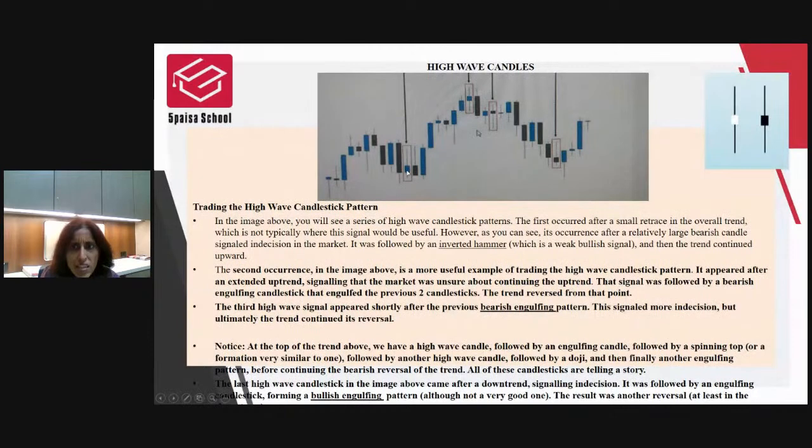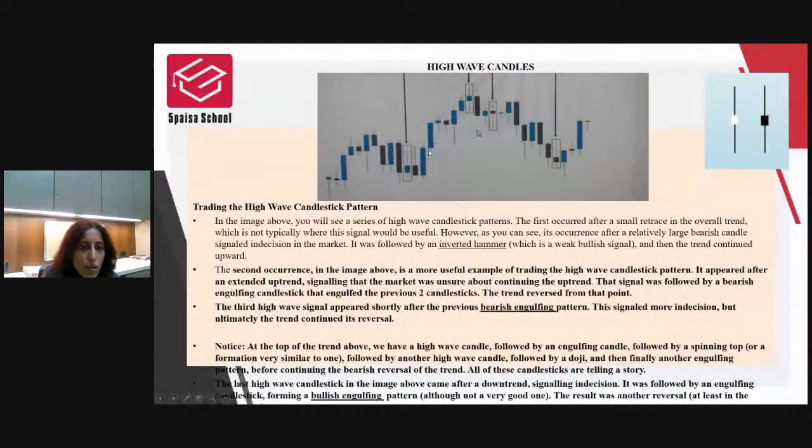However, as you can see, its occurrence after a relatively large bearish candle signaled indecisiveness, and it was followed by an inverted hammer. So what is an inverted hammer? Inverted hammer, it represents a weak bullish signal, and then the trend continued up.